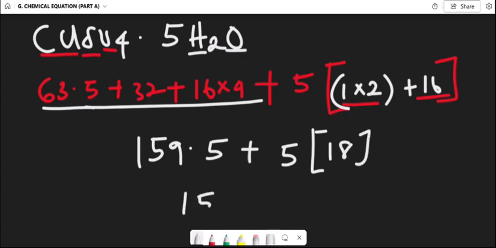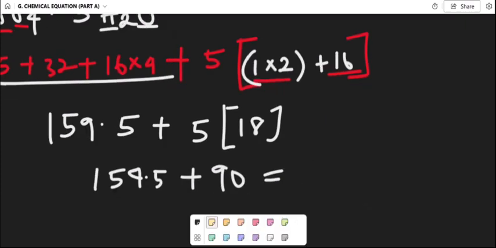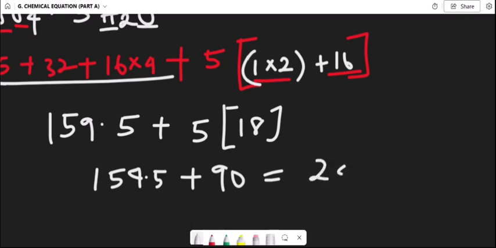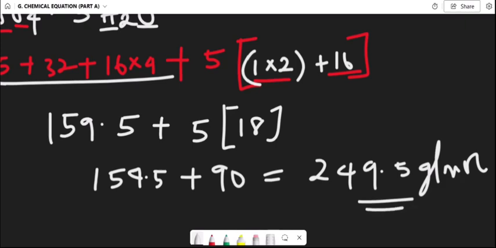So we're not done yet. 159.5 plus 5 times 18, I will have it as 90. So adding 90 with 159.5 is going to give 249.5. So we have this to be 249.5 grams per mole. So that is the relative molecular mass of copper(II) sulfate pentahydrate.